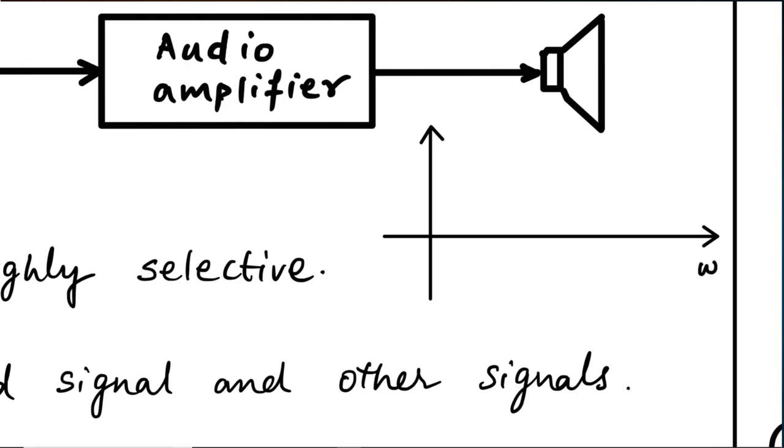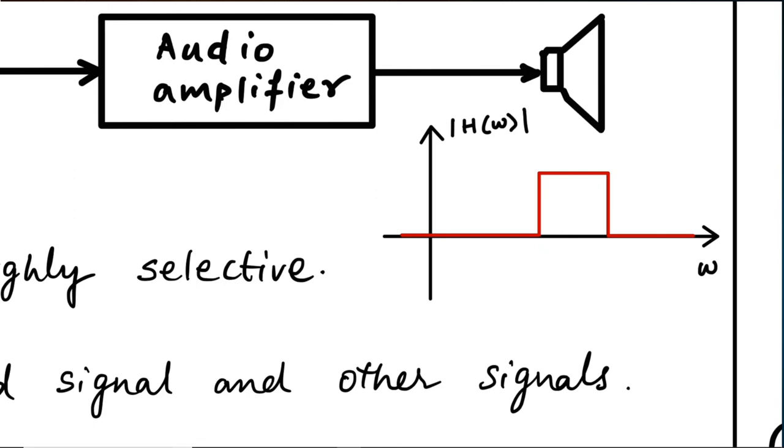and say on my y-axis I want to observe the magnitude of the transfer function here, or in this case it's the magnitude of the frequency response of the bandpass filter. So if I want this to be ideal and I want to say pass frequencies between some omega 1 and omega 2, I would want it to be a rectangle between those two frequencies and nothing else gets through it.